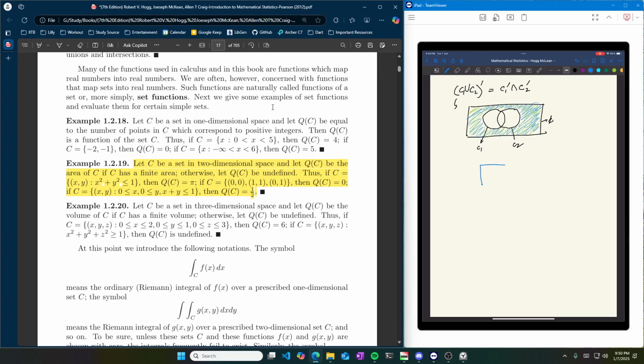So let's say we have a set, the base set. The set can be anything, correct? And then imagine it goes through a function or some kind of device or some kind of processing function.